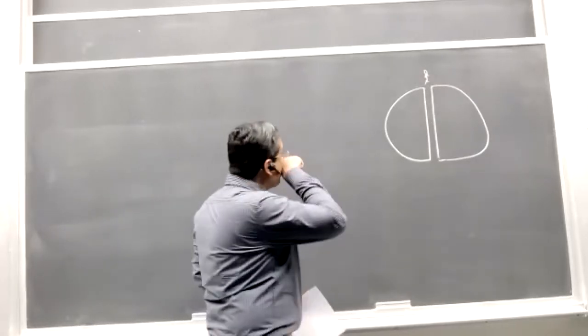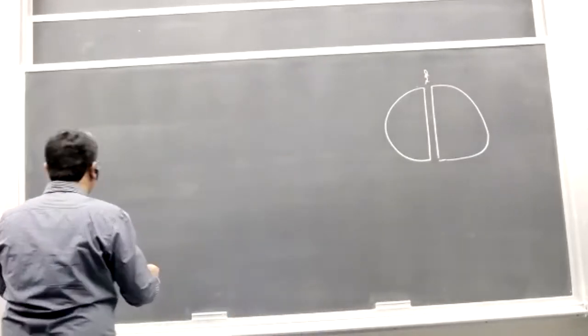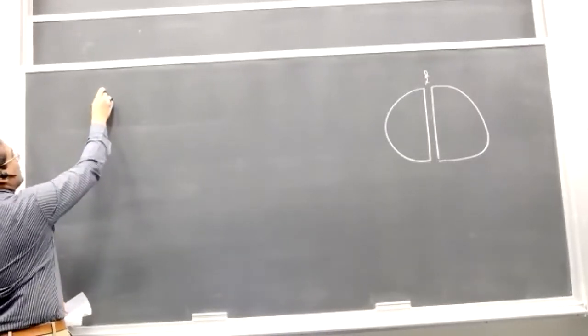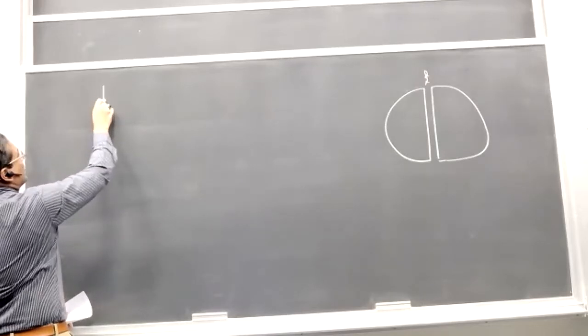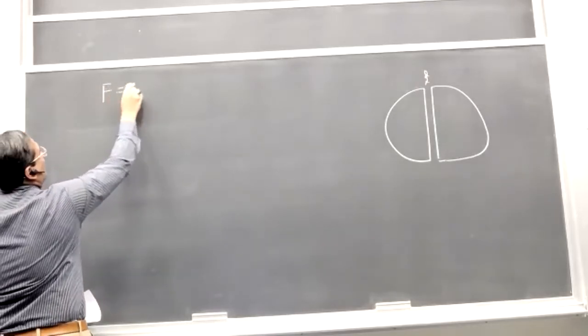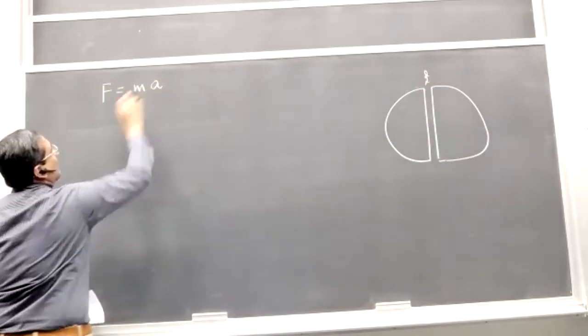So this is the question that we are trying to answer. What is the gravitational acceleration? I'll just redo it because we have been doing it. So this is how you figure out g, the gravitational acceleration. You say F is equal to ma, right?